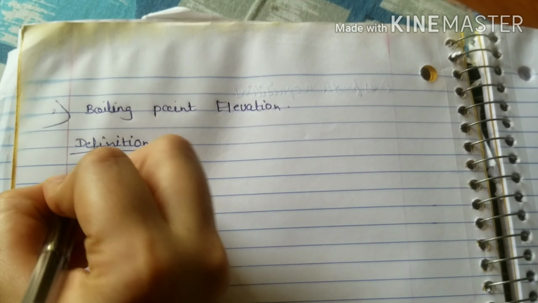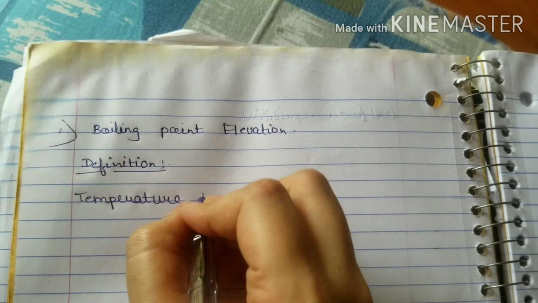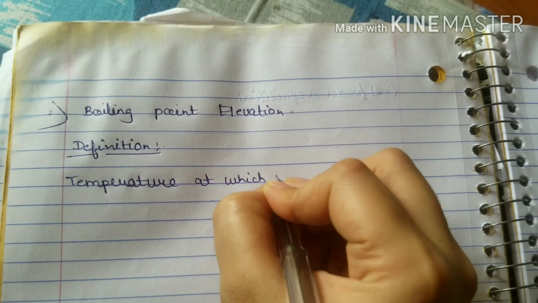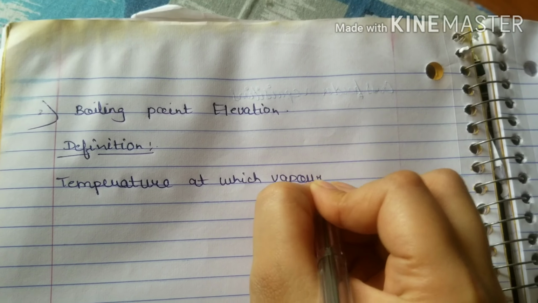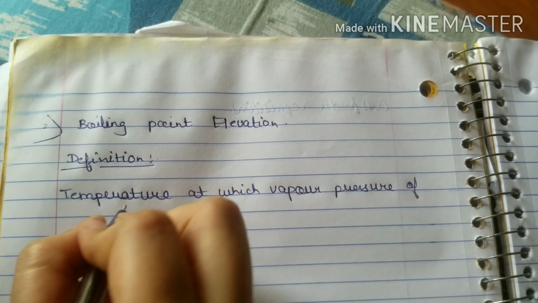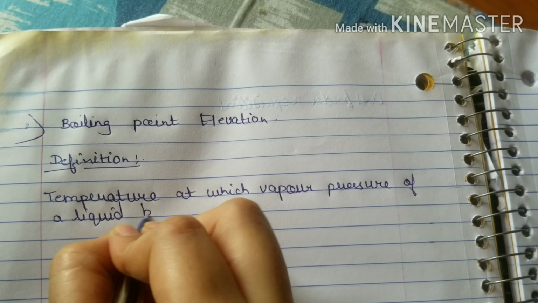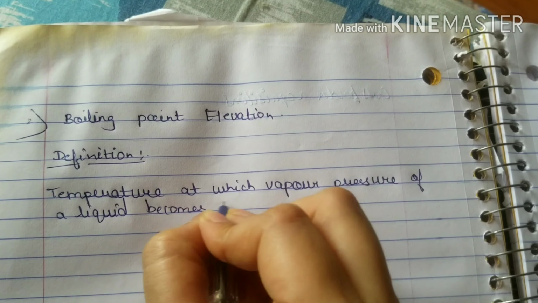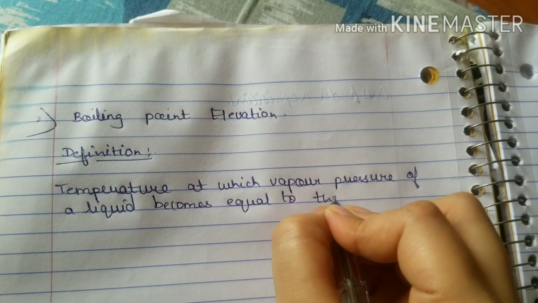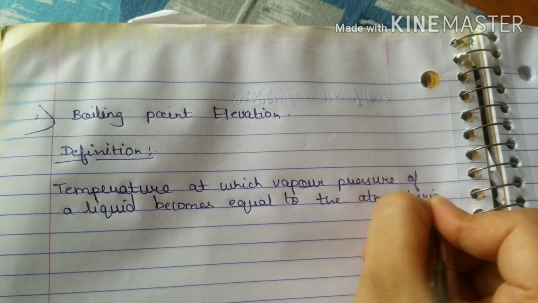So I'll just write it here. Temperature at which vapor pressure of a liquid becomes equal to the atmospheric pressure.